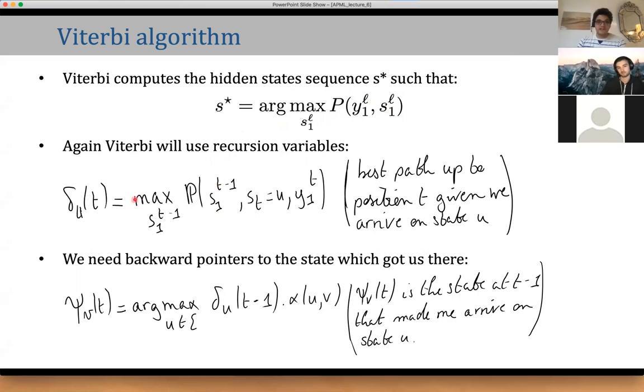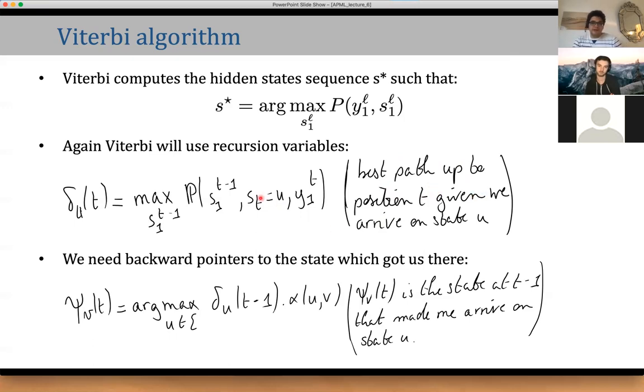In the same way as we did for the forward algorithm, we keep the maximum probability. What is the maximal probability of observing the sequence y1 to t, landing on hidden state u, maxed over all possible hidden states from 1 to t minus 1? So it's the best path up to position t, best in terms of probability, given that we arrive on the state u.